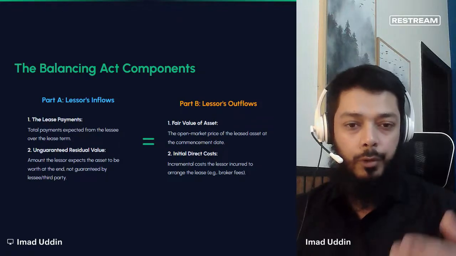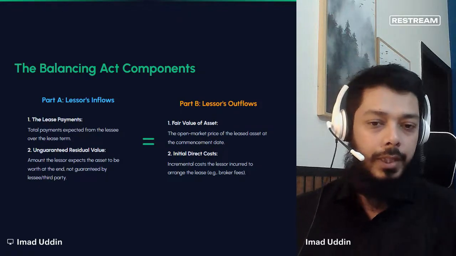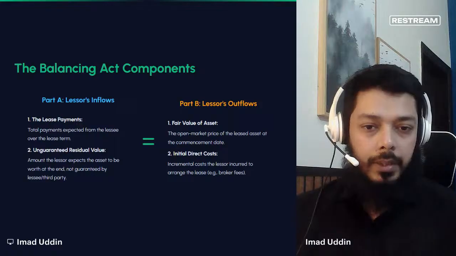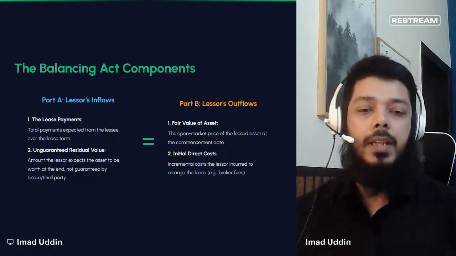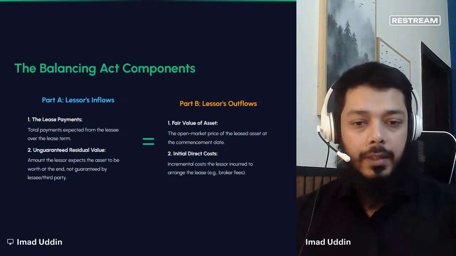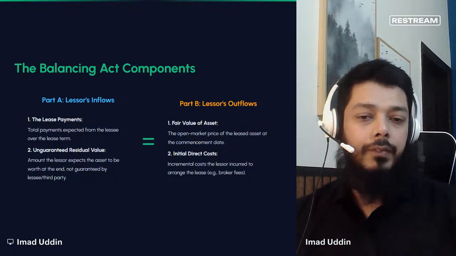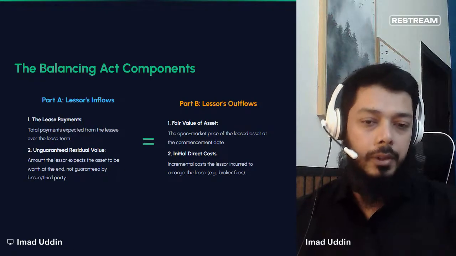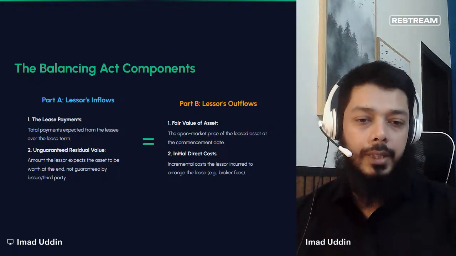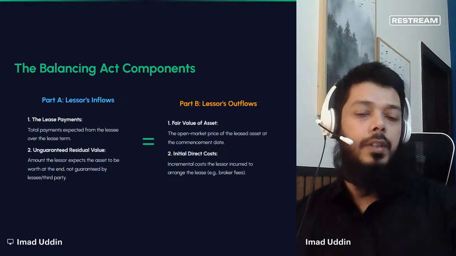And what are the outflows for the lessor? First of all, the fair value of the asset, which is the open market price of the leased asset at the commencement date. Secondly, the initial direct costs which the lessor has incurred to arrange the lease, for example, broker fees.